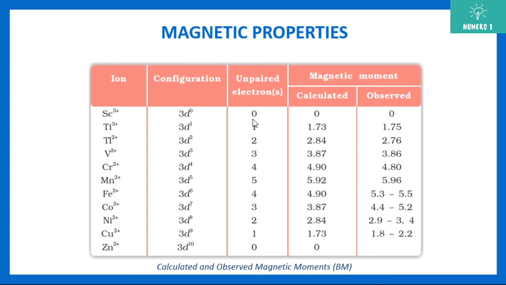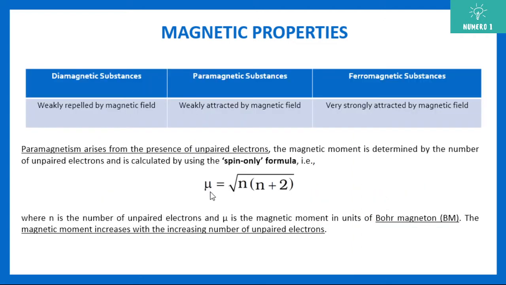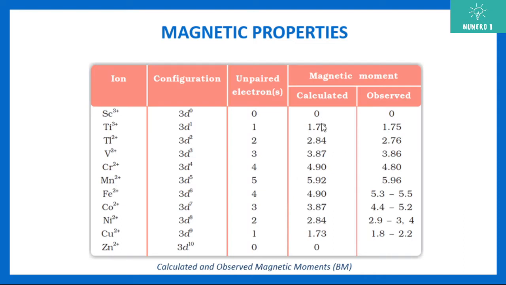Now, using our spin only formula, mu equals root over of n into n plus 2, you can calculate your magnetic moment. These are your calculated magnetic moments, and these are the actual readings observed through experiments. You see, they are more or less similar, more or less in agreement.